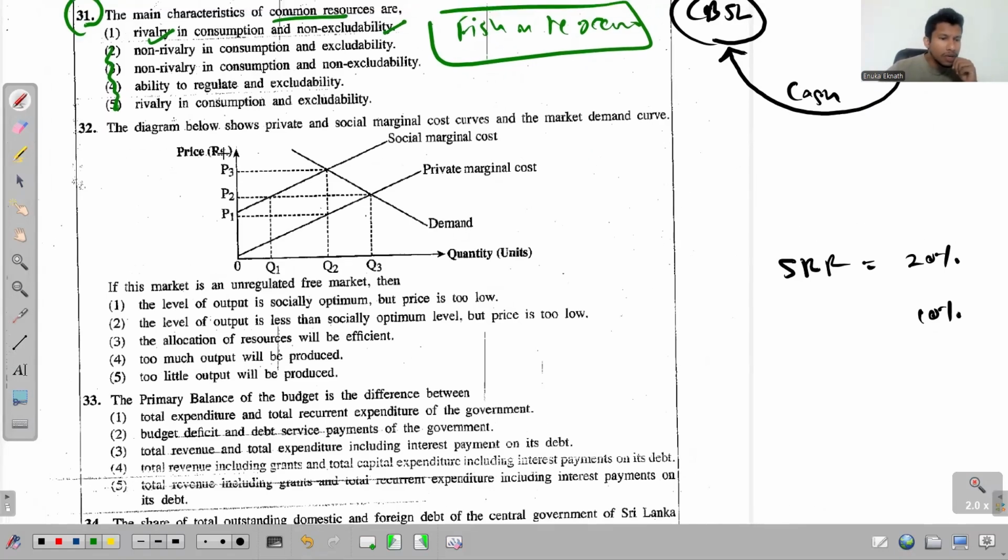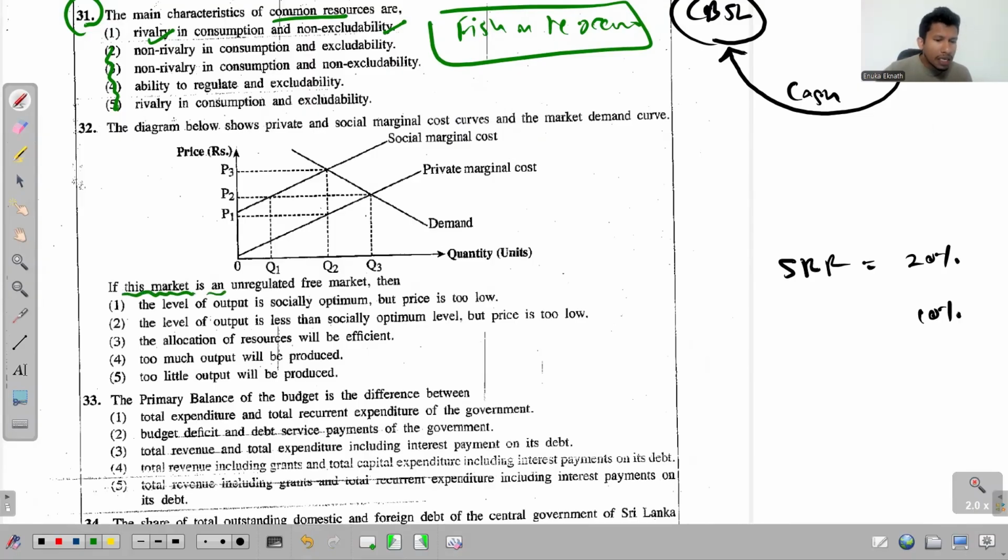In question 32, they say the diagram below shows private and social marginal cost curves and the demand curve. Okay, so we get the demand curve, and here we have the supply curve based on marginal private cost, and we get the supply curve based on marginal social cost. And what's the question?